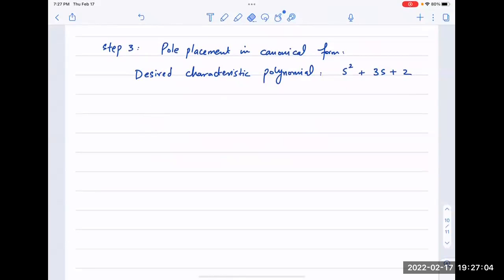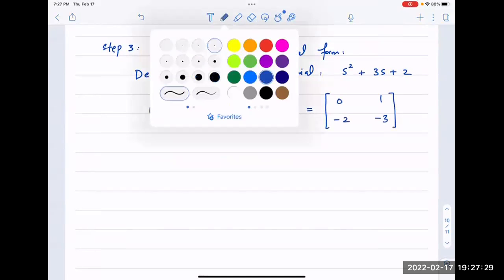We know that A bar minus B bar K bar, the canonical form version, should be [0, 1; -2, -3].